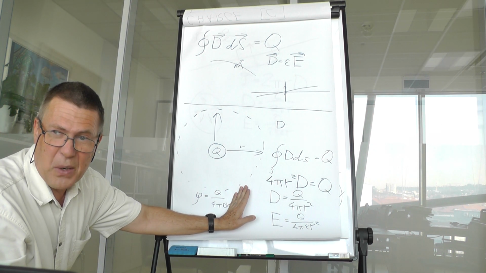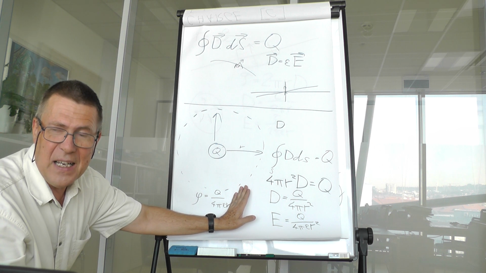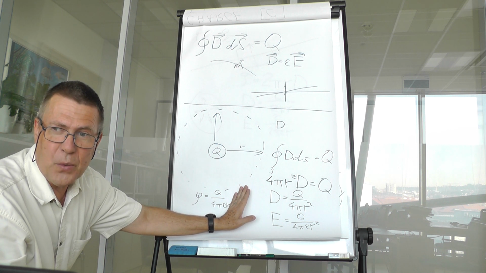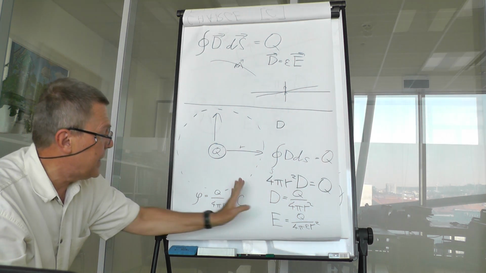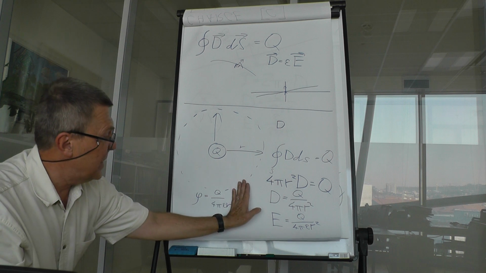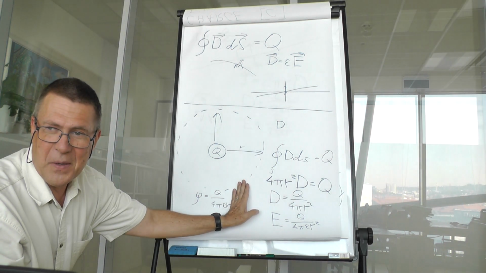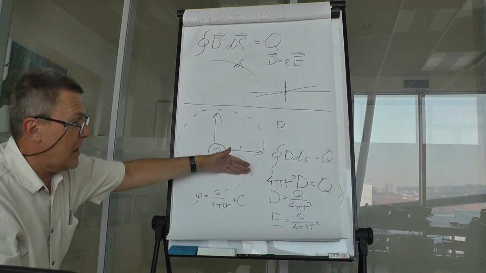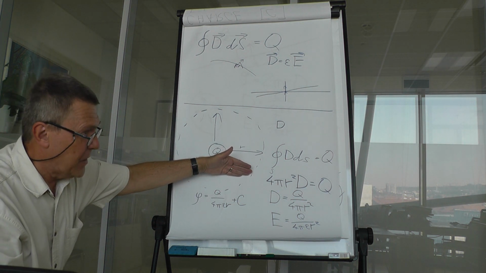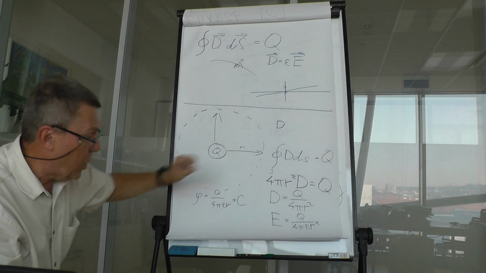And C becomes 0 in this case if you place the zero potential at infinity. So if you place the zero potential at infinity, you get only this part of the equation. So this is the potential in the field of one charged ball.